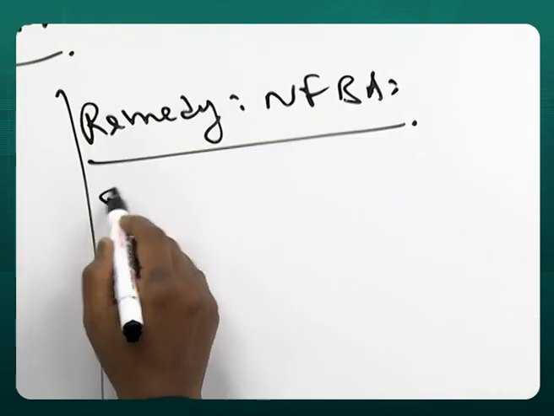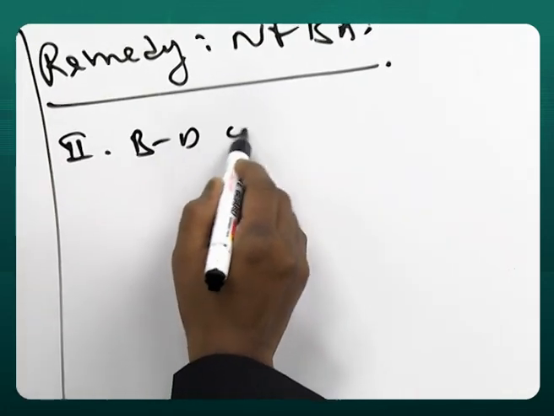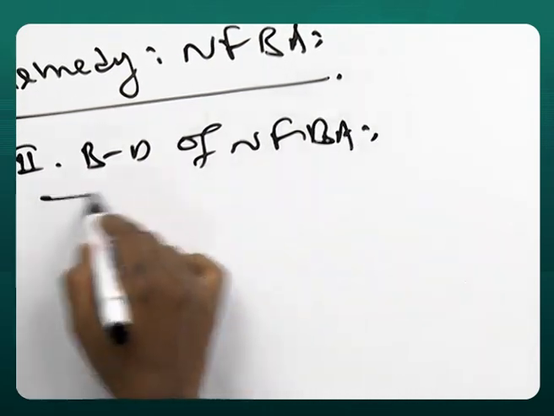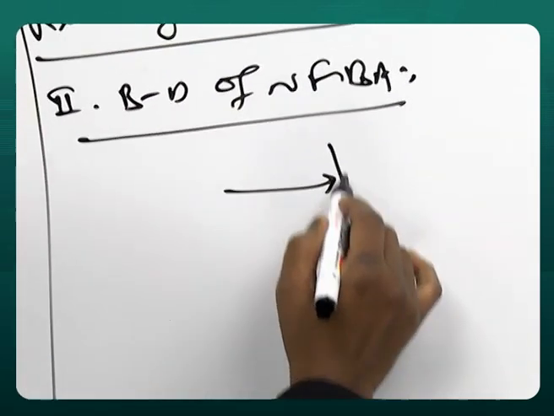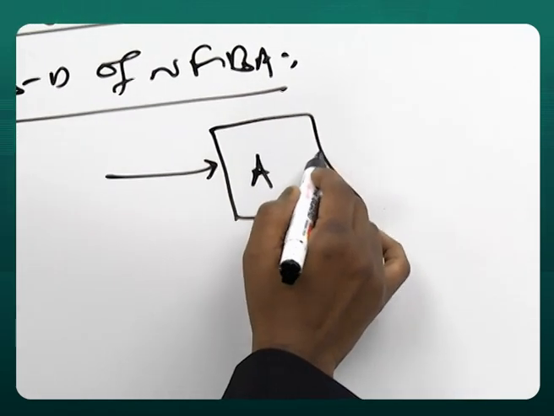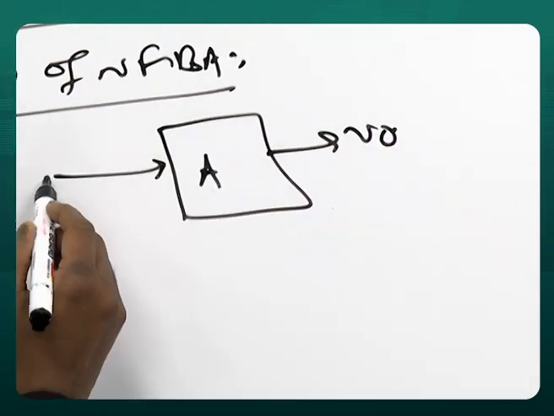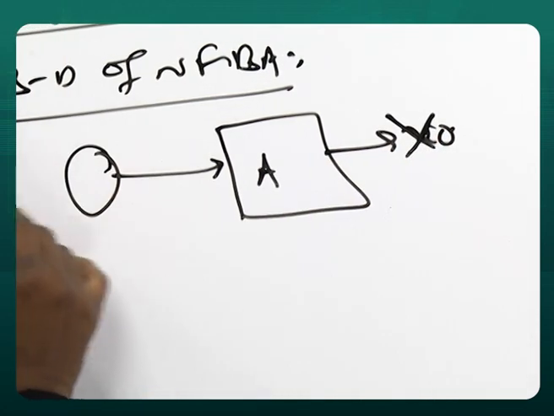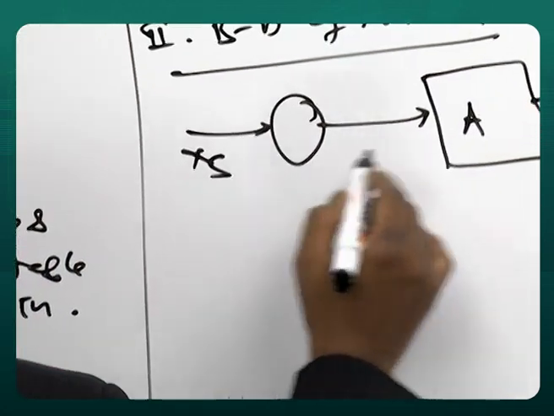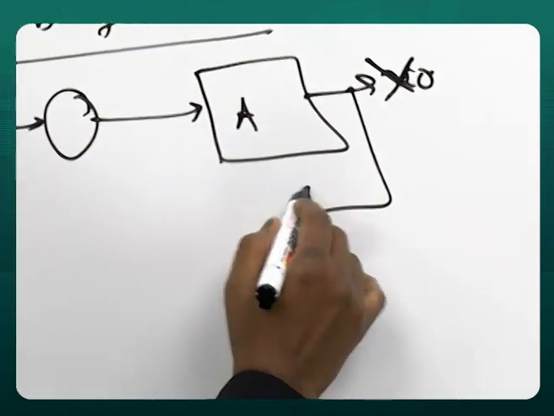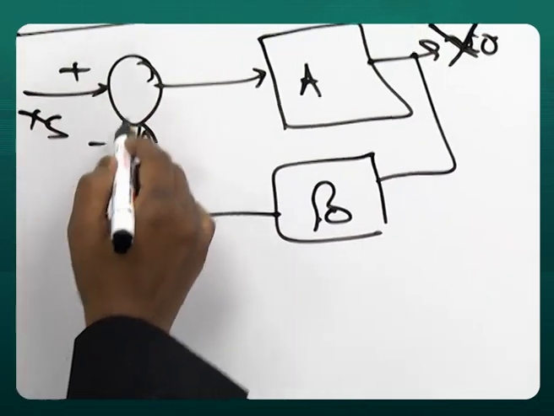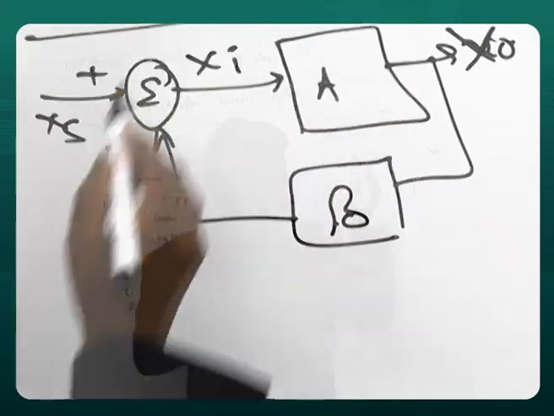So let us go to the second point, block diagram of negative feedback amplifier. Take this as A, output V0 or X0 call it. Then you say XS, beta here, plus minus XI.